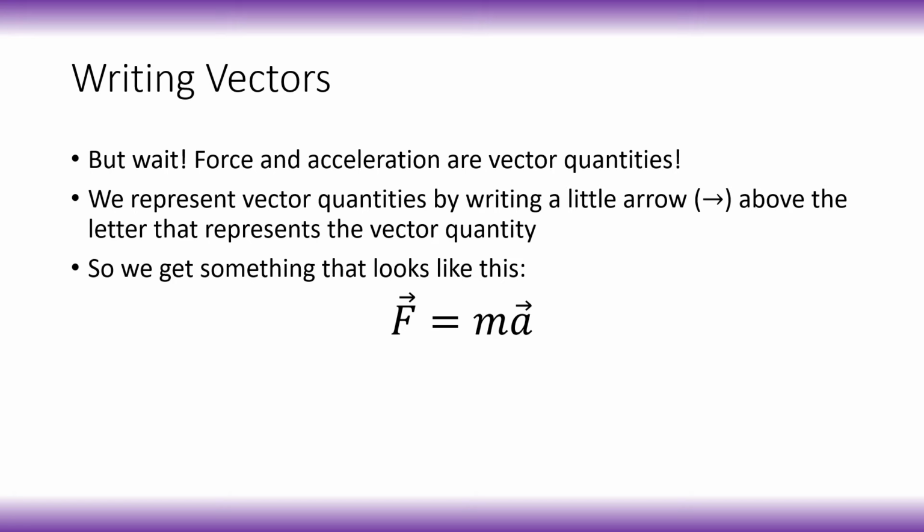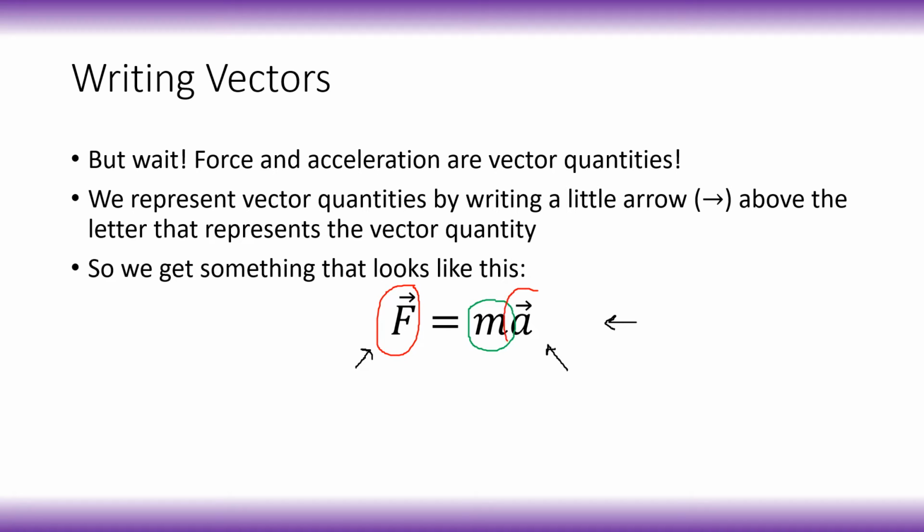And so the way that we show that is by using these little arrows that you can see in our equation here. There's a little arrow above the acceleration, and there's a little arrow above the force, and that's how we differentiate between a scalar quantity and a vector quantity. A scalar quantity has no arrow above it. A vector does.